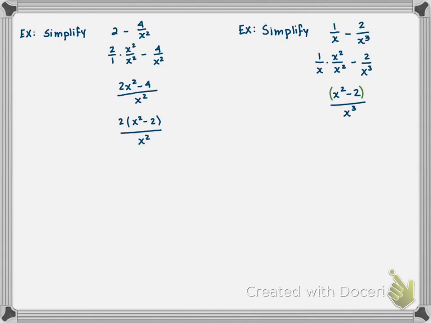So we're going to simplify two minus 4 over x squared over 1 over x minus 2 over x to the third.